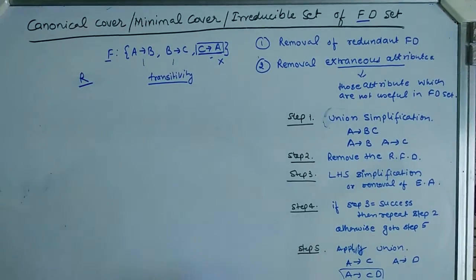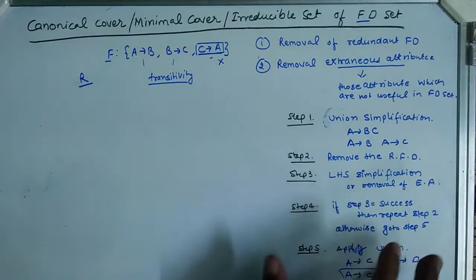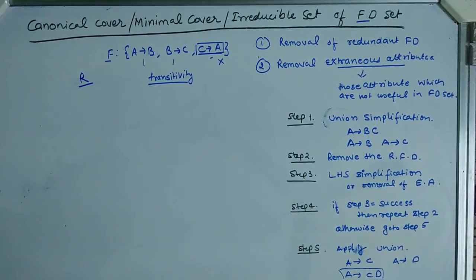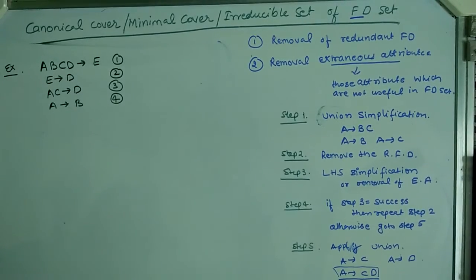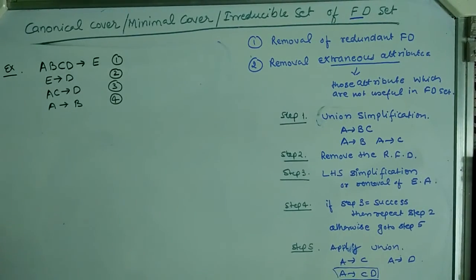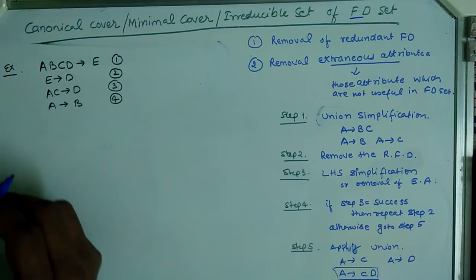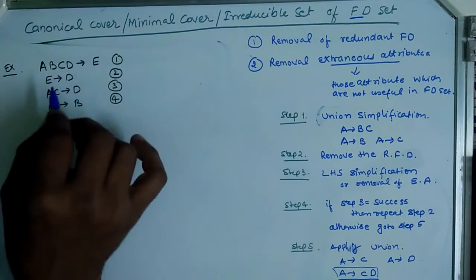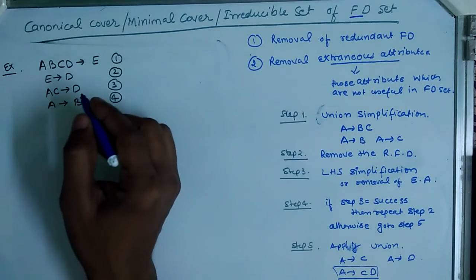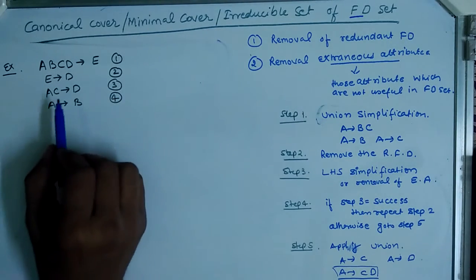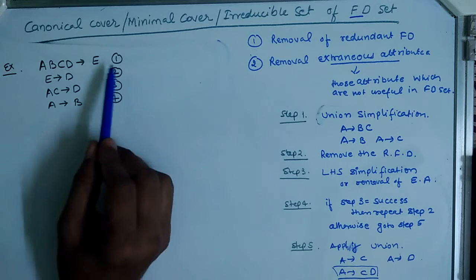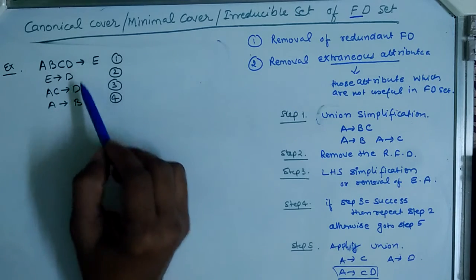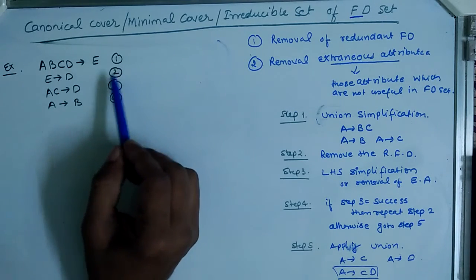Okay, now let me cover these whole steps in an example. So let's take an example to find the irreducible set from this given set of functional dependencies. In this set, these functional dependencies are given. We number the functional dependencies as 4 equations.